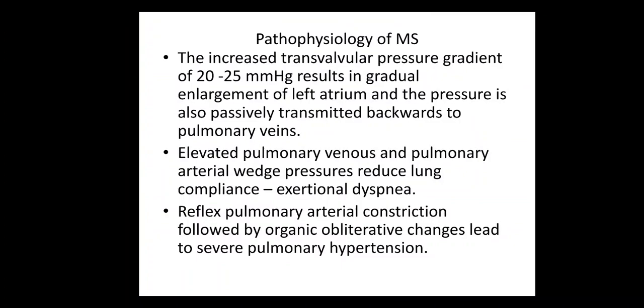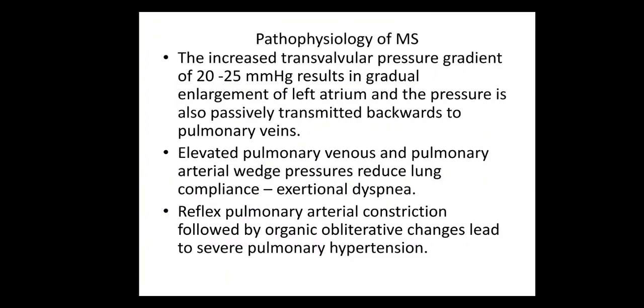As the pressure builds up in the pulmonary capillaries, it then gets transmitted to the arterial system, that is, the pulmonary arterioles and pulmonary arteries. The initial response of the arterial system is vasoconstriction. It is functional. Later on, obliterative organic changes occur.